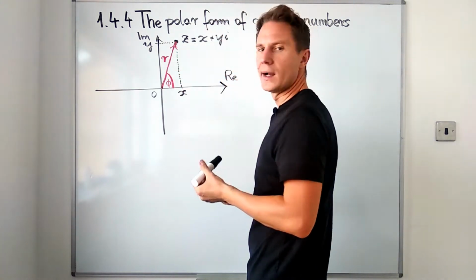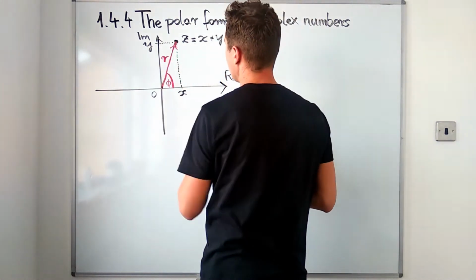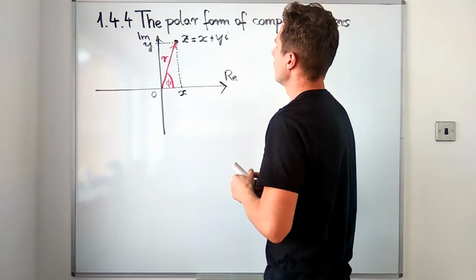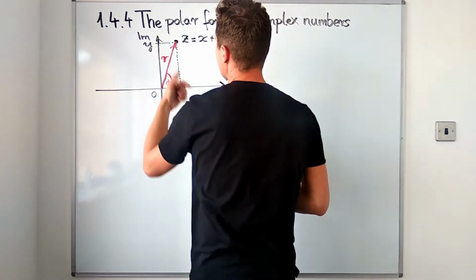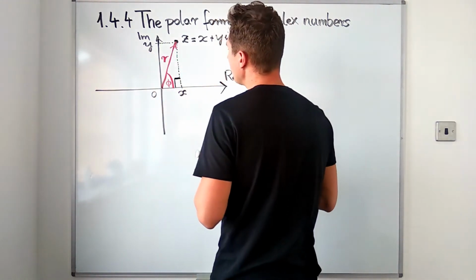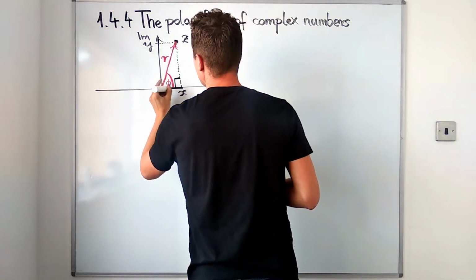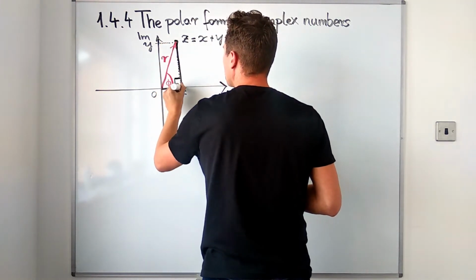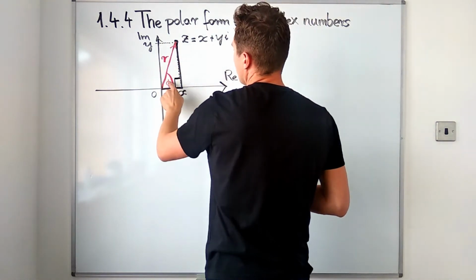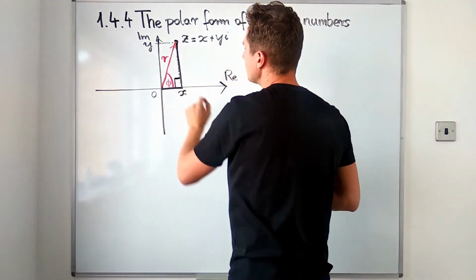Now we just have to find some formulas for r and phi in terms of the already given pair of coordinates x and y. Okay, for that, all we have to notice is that we have a right-angled triangle here, which can be used to express r and phi, well, x and y, using these two coordinates.